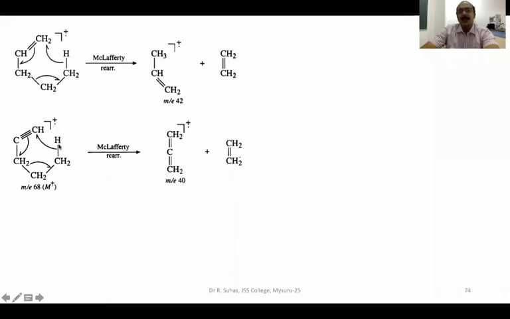Here gamma hydrogen is moving, one of the bonds is moving here, and the beta bond is getting ruptured. As a result, CH becomes CH2, double bond C, double bond CH2. This is the McLafferty rearranged ion whose m/z should appear at an even value, and that is 40. Along with that, we are going to get an alkene: CH2 double bond CH2 is obtained as a neutral molecule.